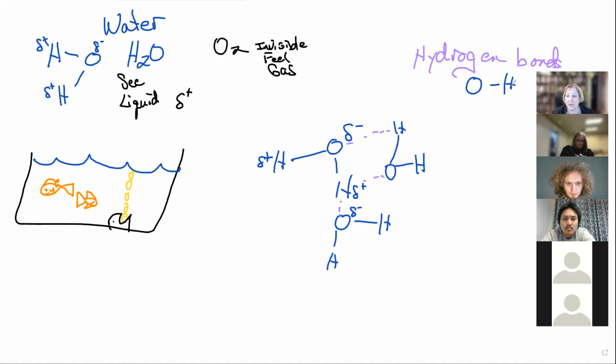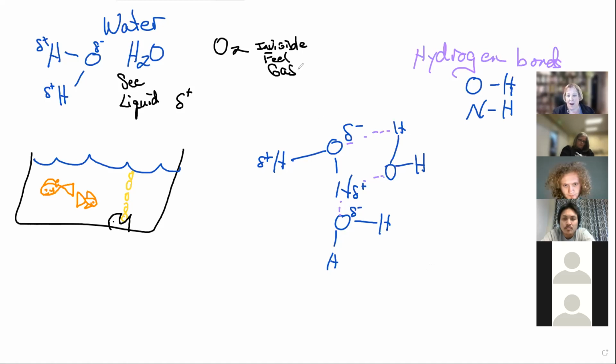Because remember, the oxygen is bigger, so the electrons that they share stay closer to the oxygen. They're around the oxygen more than the hydrogen, or nitrogen bonded to hydrogen. Because nitrogen is just a little bit smaller than oxygen, so it does the same thing.